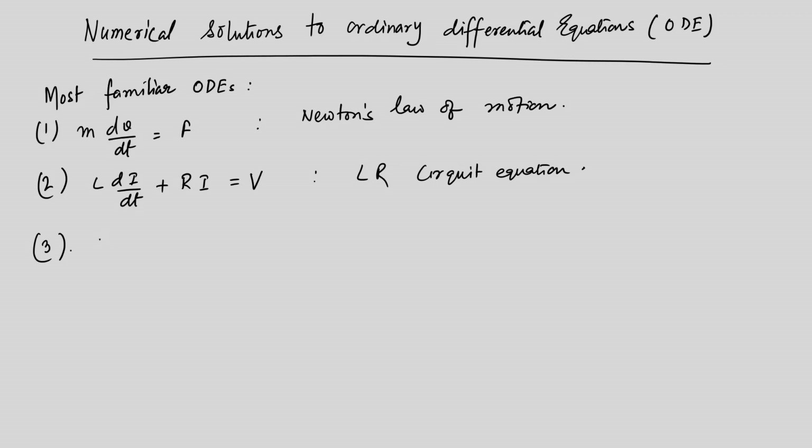Then there is m d2x/dt2 plus alpha dx/dt plus kx is equal to f of t, and this corresponds to the forced damped oscillator.